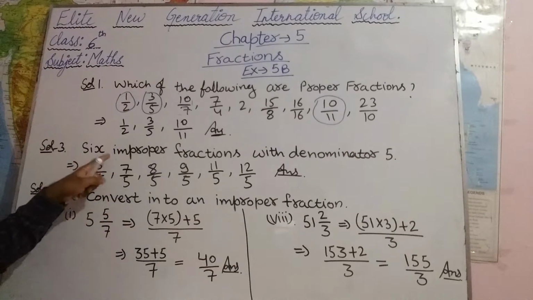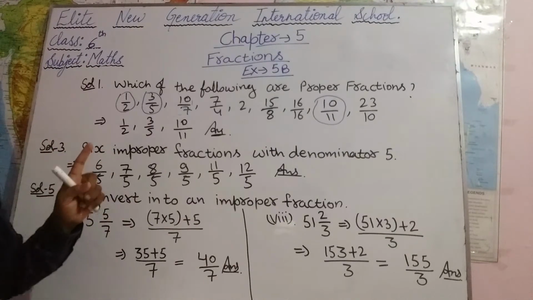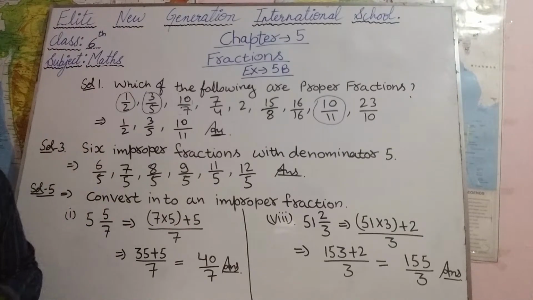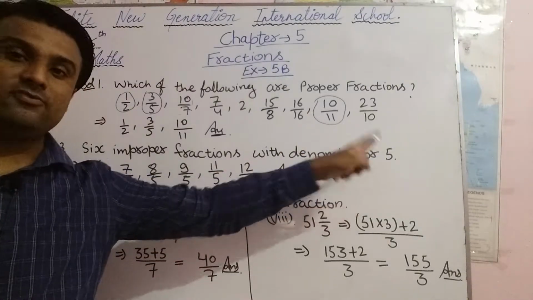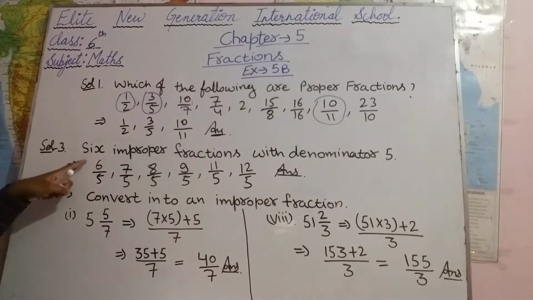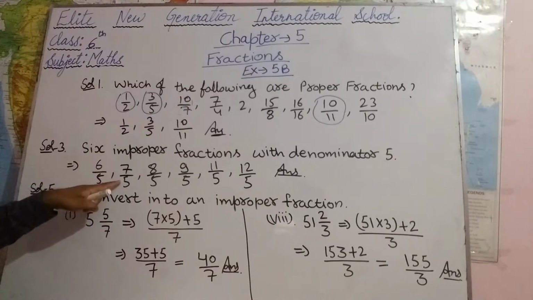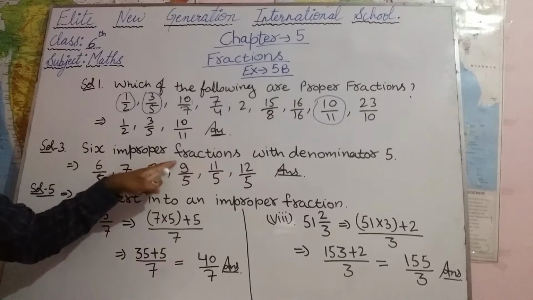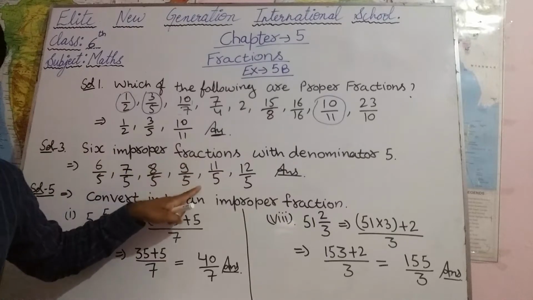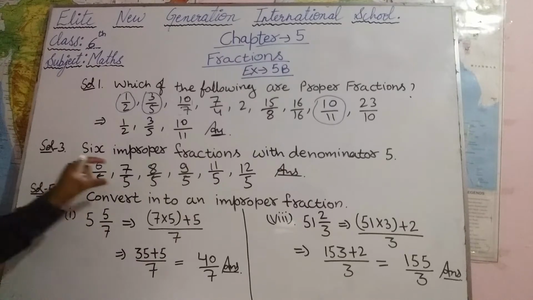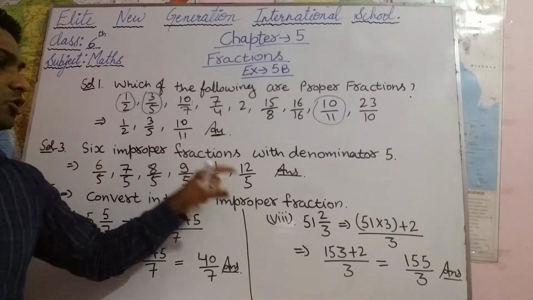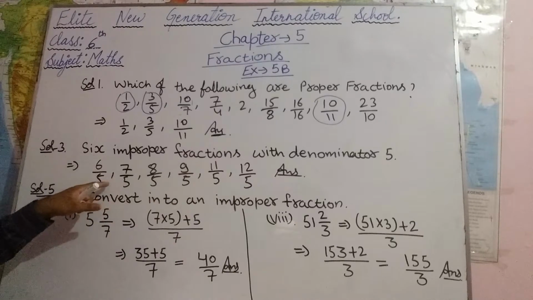In an improper fraction, the numerator is greater than its denominator. So that means our numerator should be greater than 5. So 6 improper fractions will be 6 upon 5, 7 upon 5, 8 upon 5, 9 upon 5, 11 upon 5 and 12 upon 5. So these are the 6 improper fractions whose denominator is 5.